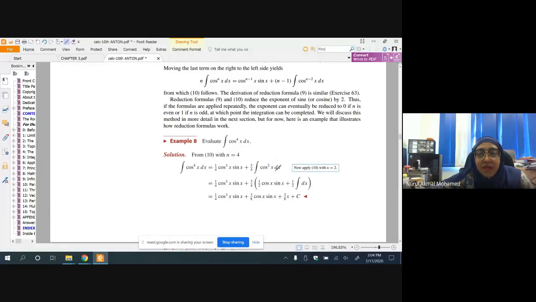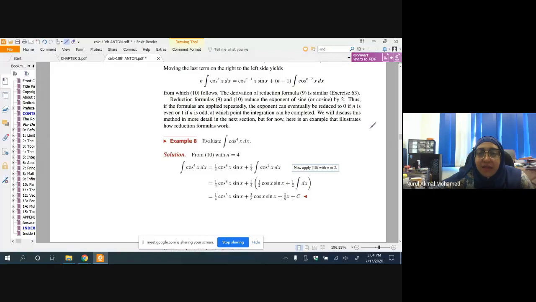Once you get this integral, you can get a new integral by applying equation or formula 10 once again.